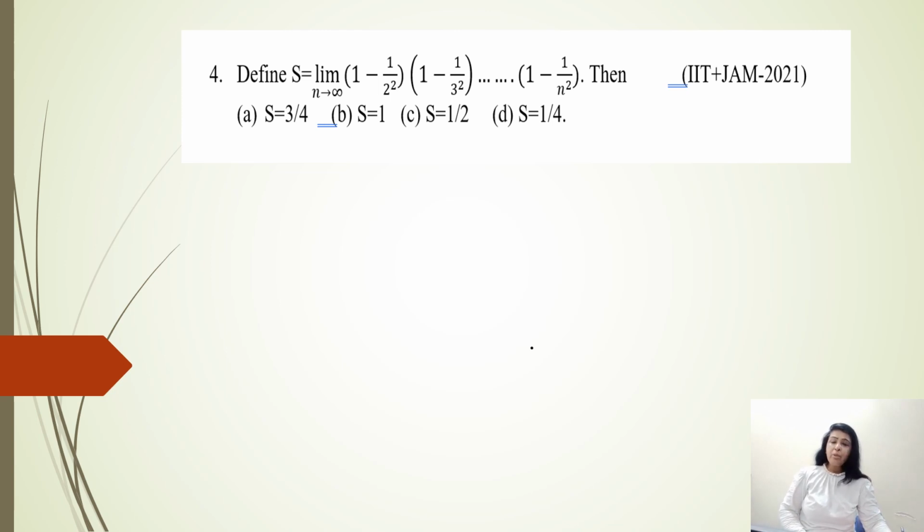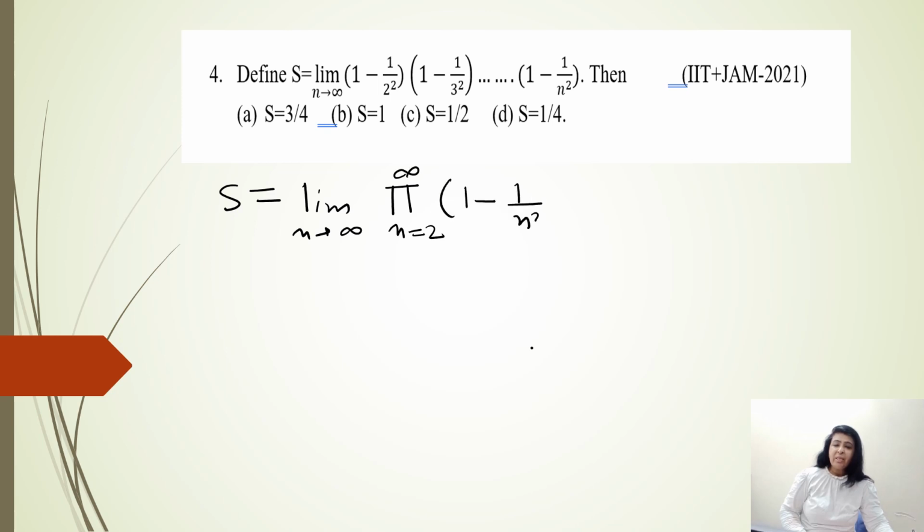Now here our S is equal to the limit as n approaches infinity. This can be written as the product, n varies from 2 to infinity, of 1 minus 1 by n square.